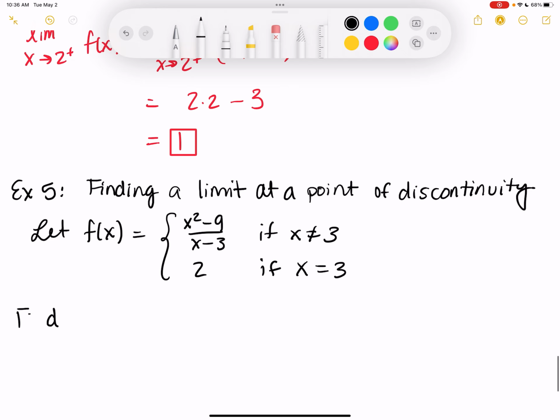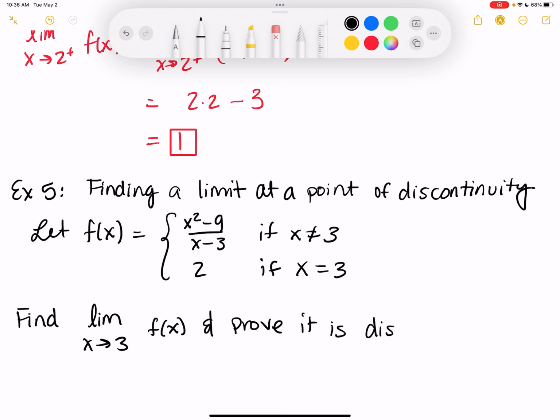Find the limit as x approaches 3 of f of x and prove it is discontinuous at x equals 3.